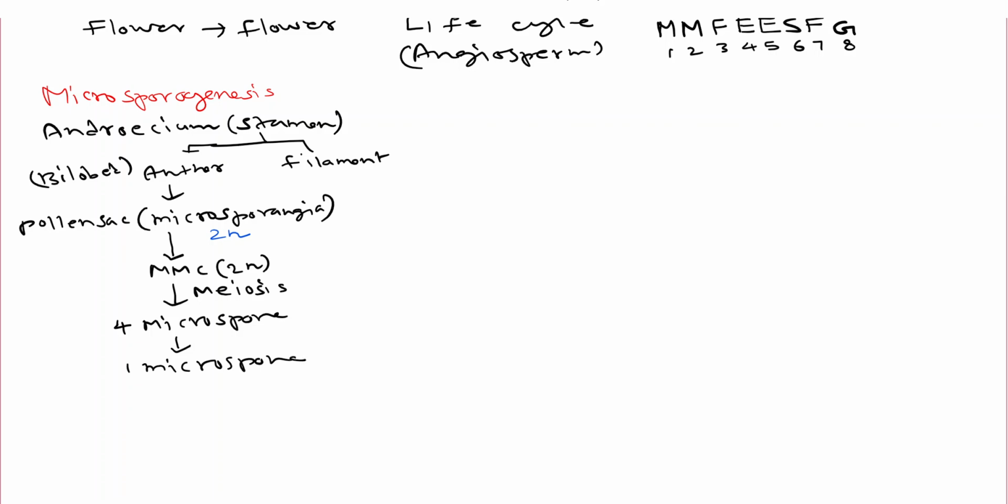This one microspore later undergoes mitotic division, mitosis. Once it undergoes mitosis, it becomes a 2-cell pollen grain. In that you can find vegetative and generative cells.